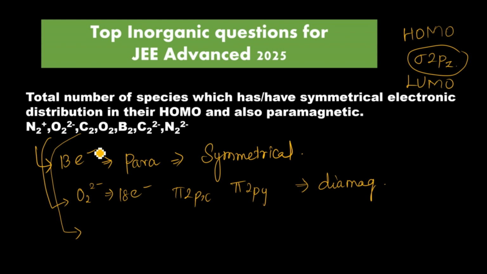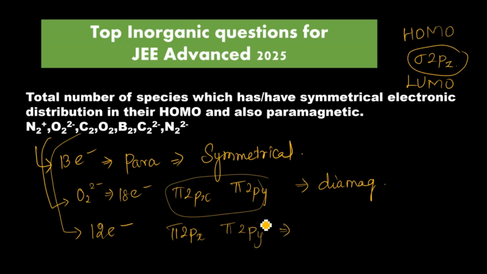Then comes C2. C2 will have 6 plus 6, 12 electrons. Correct? The HOMO part is pi 2px and pi 2py. Again, these are fully filled. Is it paramagnetic? No, this is diamagnetic.